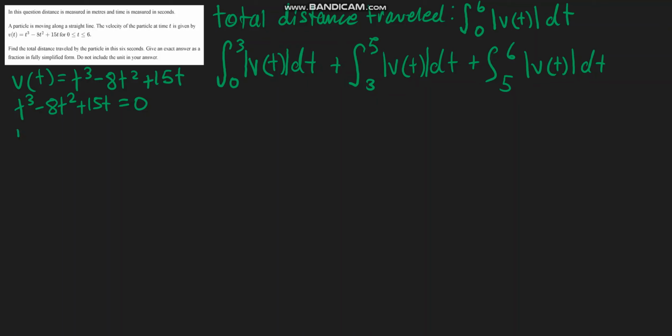So we're going to factor out t times t squared minus 8t plus 15. Okay, and then what multiplies to get 15 and adds to get 8? So we can do t minus 5 times t minus 3.